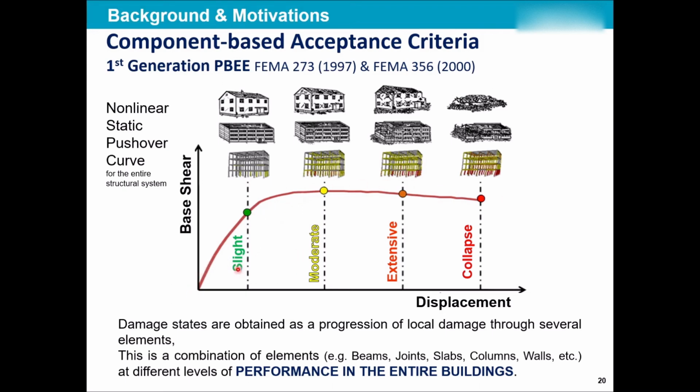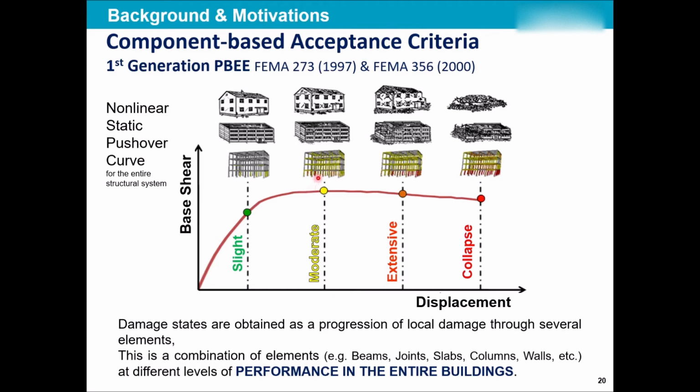Coming back to a little bit of what we have seen so far, this is a more simple pushover curve. Again, base shear displacement, as we saw. Over here we have different types of buildings, let's say a masonry building, a parking, and a reinforced concrete building. You can see at different points, different components are getting to different levels of damage.